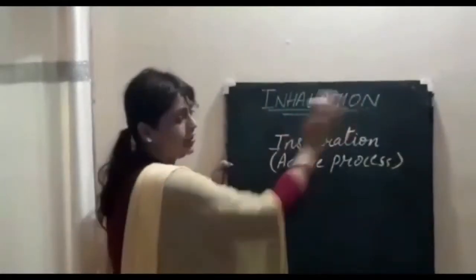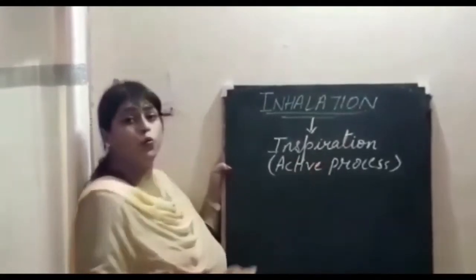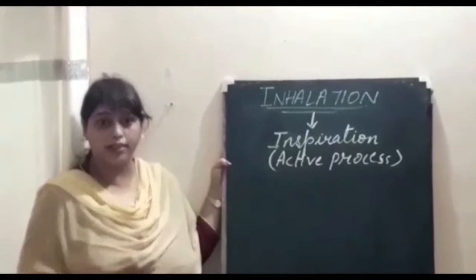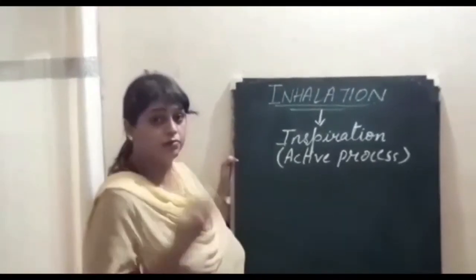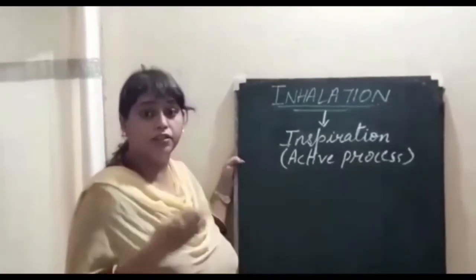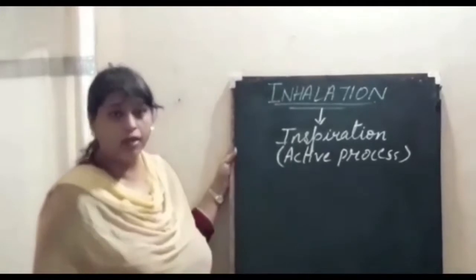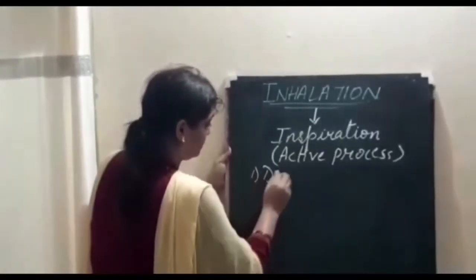Okay, now inhalation. Now children, this is also known as inspiration, which is an active process. That means it is active all the time. Now in inhalation, there are two respiratory muscles. The first main structure is the diaphragm, which is a muscular membrane present at the floor.